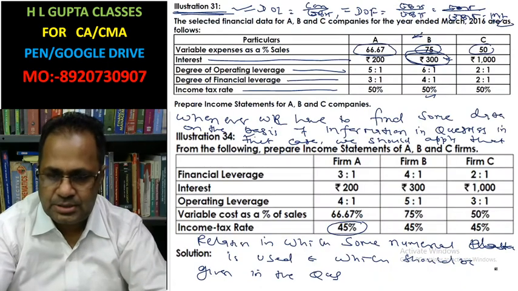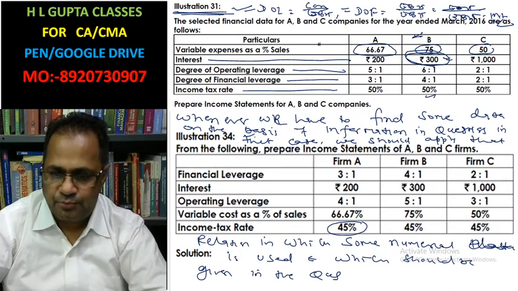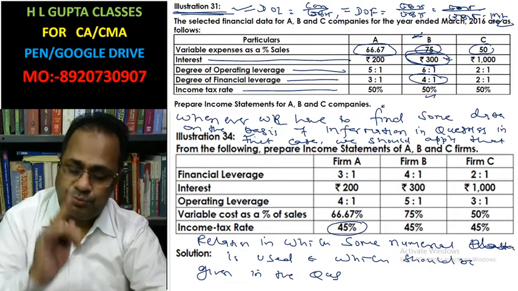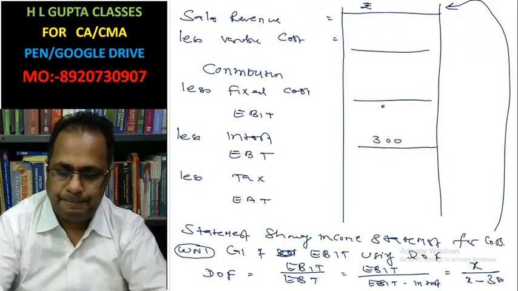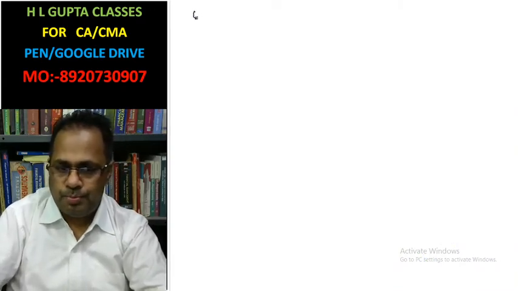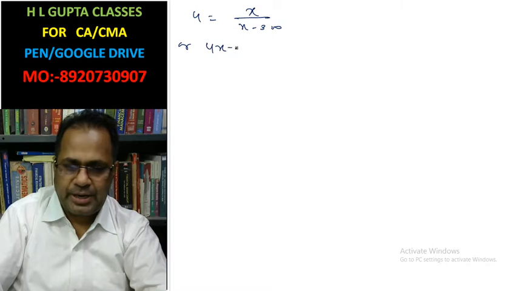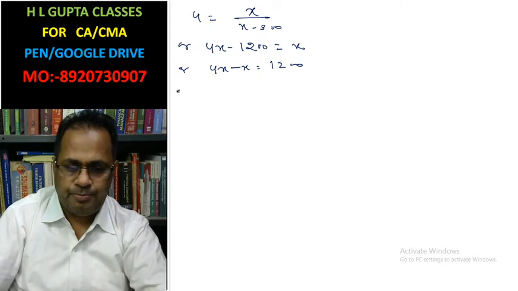The degree of financial leverage of company B is 4. So 4 equals X upon X minus 300, or 4X minus 1200 equals X, or 4X minus X equals 1200, or X equals 1200 divided by 3, that equals 400.